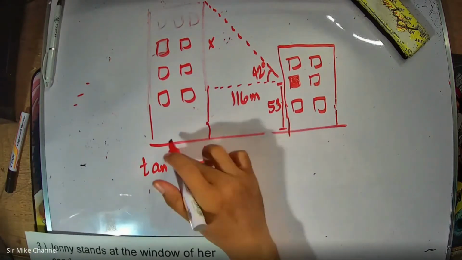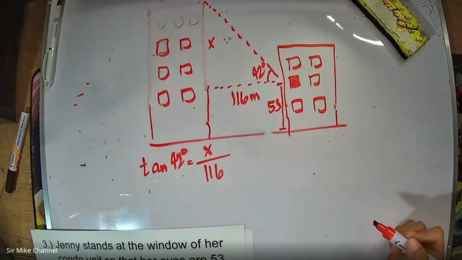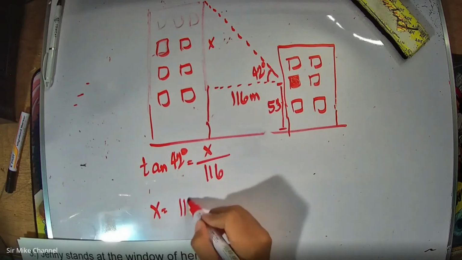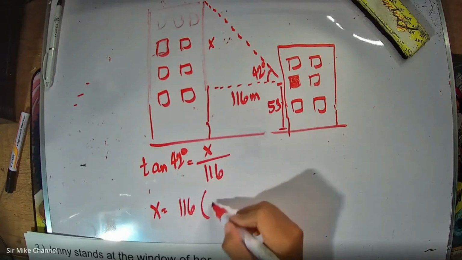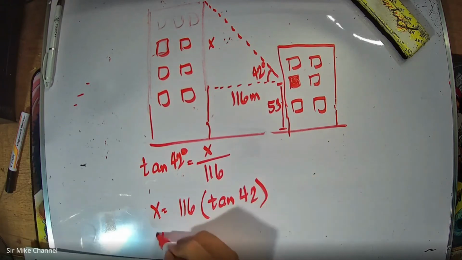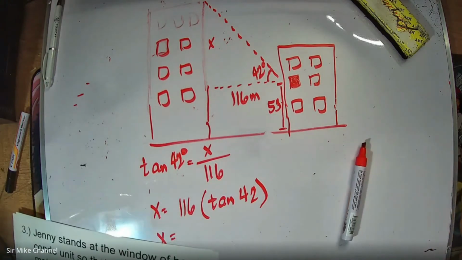So, 42. Yan, pinalitan ko na. So, cross multiply natin. So, x is equal to 116 times tangent 42 degrees. So, yung x natin dito ay, we will use the calculator.